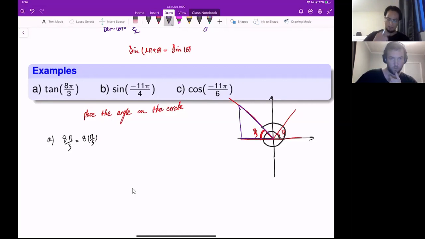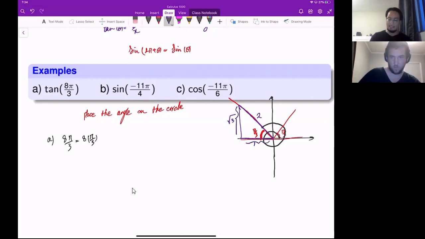I know the lengths of those sides. This was 2. This was 1, and this was root 3. These are just the lengths, yes?